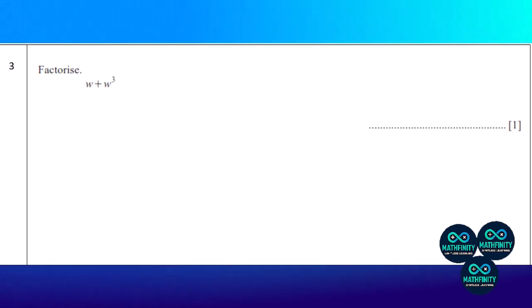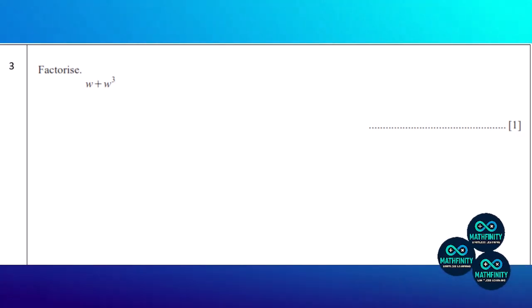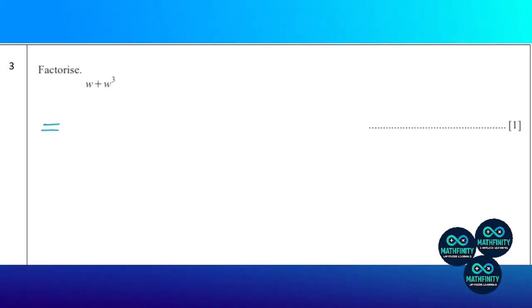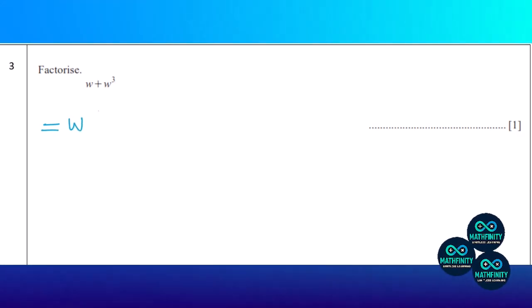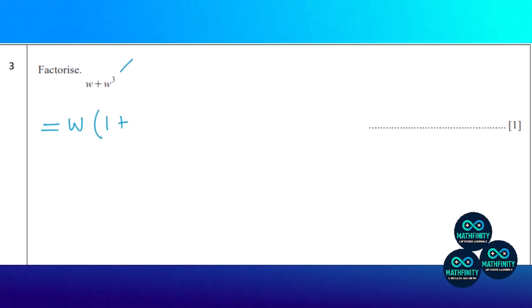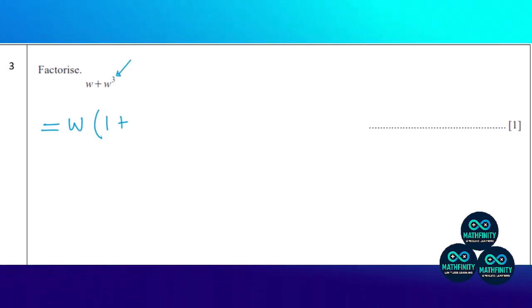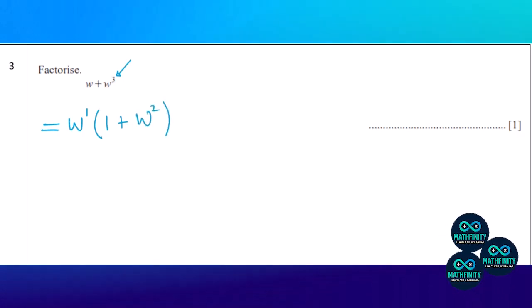Question number 3, factorize. Again, we have two terms. In this case, there is no common number, but the variable is common. w is common. We will take it out. And in this place, 1 plus. The power was 3, you can see the power is 3. If you take outside power 1, how many w are left? 2.